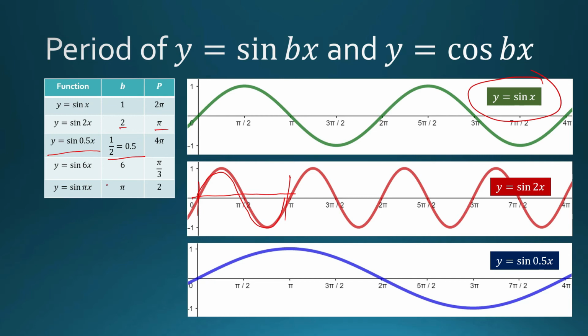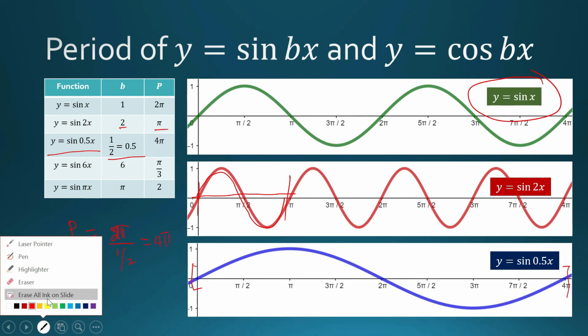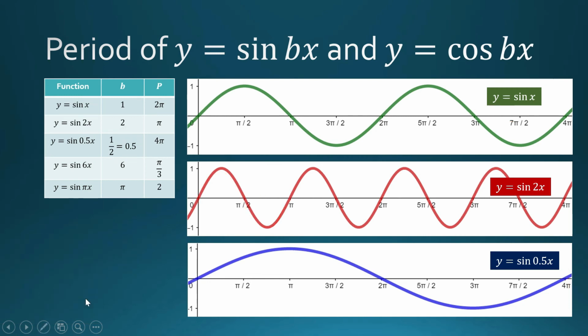And computing for your period, what we have here now is a sine curve that travels a longer interval. So the interval that contains one sine curve is longer now. It's 4 pi.